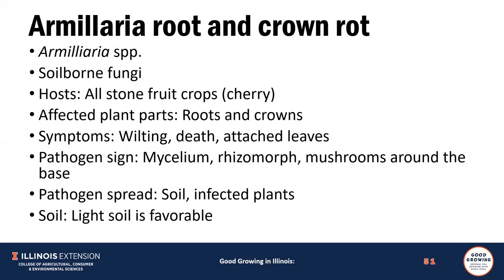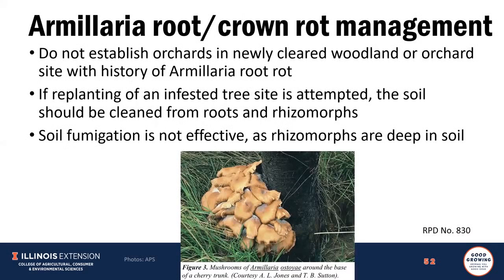Armillaria root or crown rot is a soil-borne fungus. It has mycelium and mushrooms around the base of the tree. And here we see what those mushrooms look like. So good cleanup of an orchard is important. If you had an old orchard, it can infect the newly planted trees from the remaining residue.